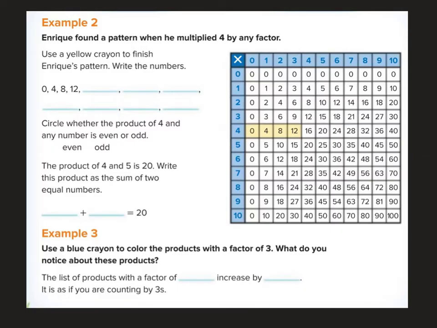Enrique found a pattern when he multiplied 4 by any factor. We have 4 times 0 is 0. 4 times 1 is 4. 4 times 2 is 8. 4 times 3 is 12, and so on.